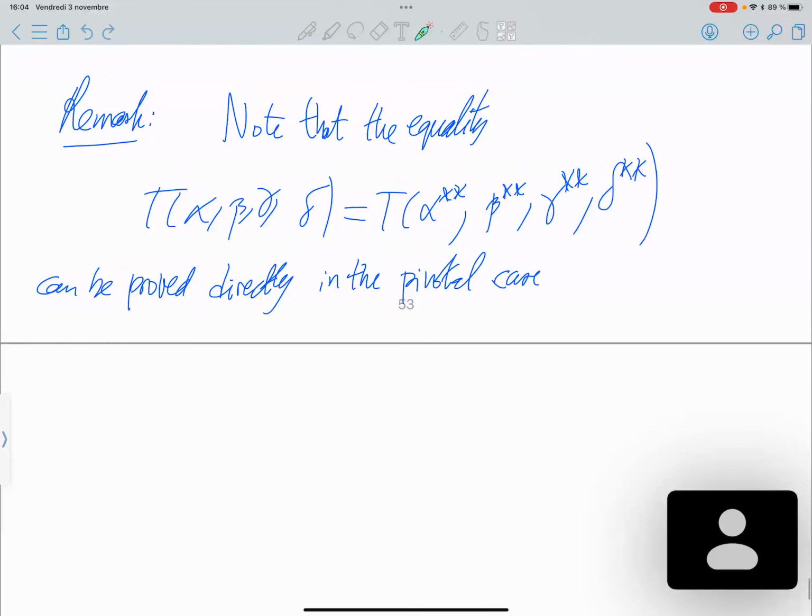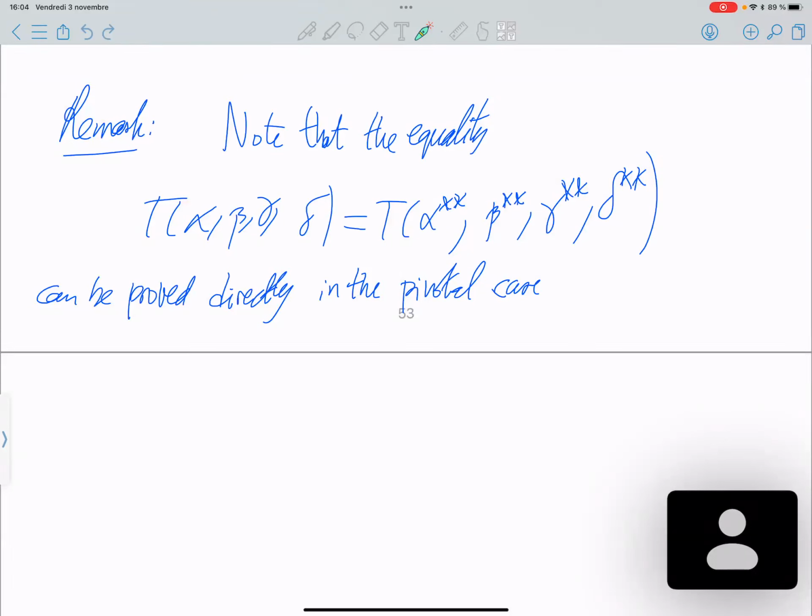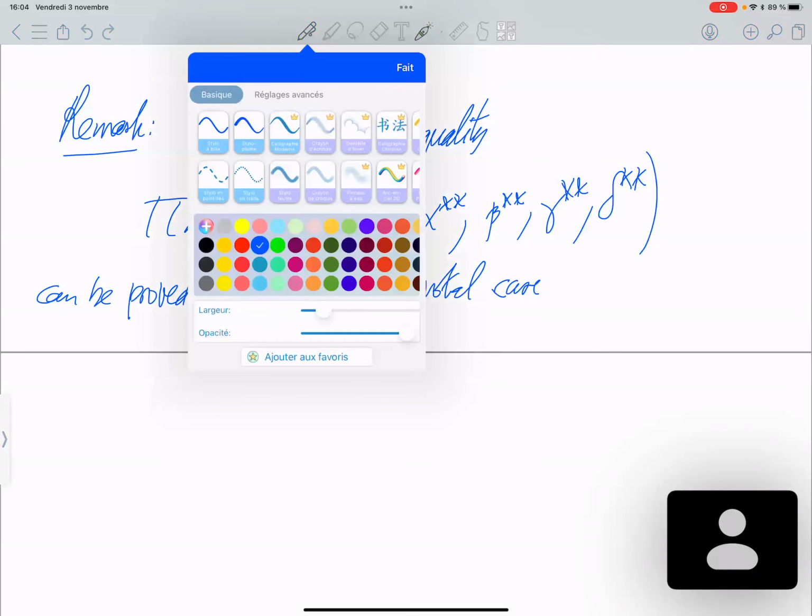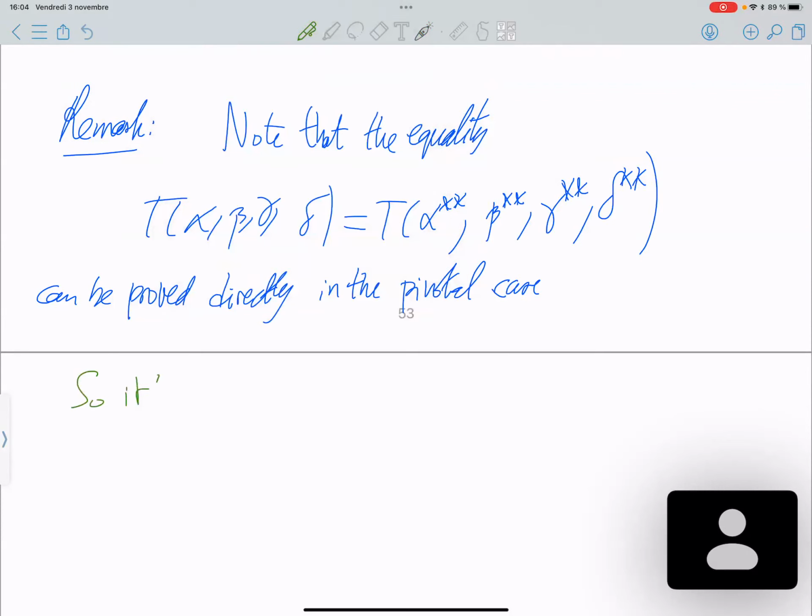It is interesting that the previous theorem, the previous proof, we proved it without pivotal structure.